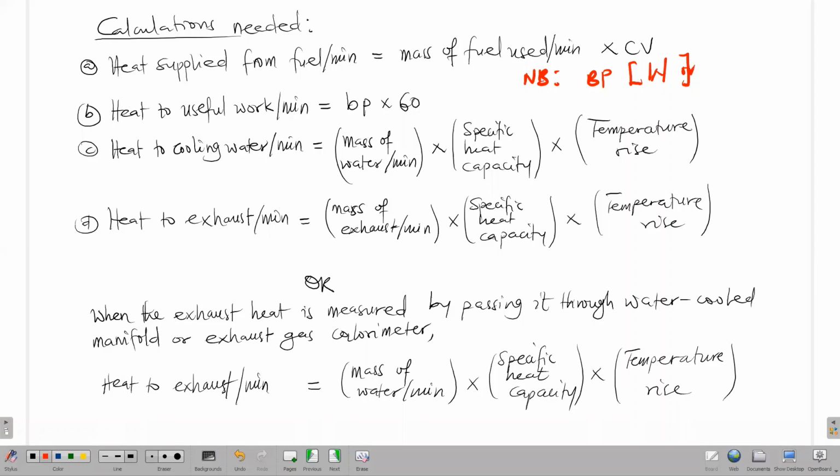So for us to be able to convert the useful work to useful work per minute, we multiply by 60, which is basically 60 seconds, so that we can convert the power unit, which was in joules per second, into joules per minute.